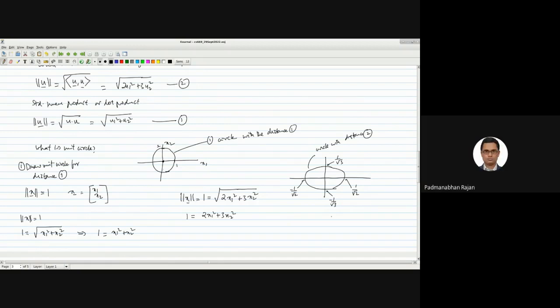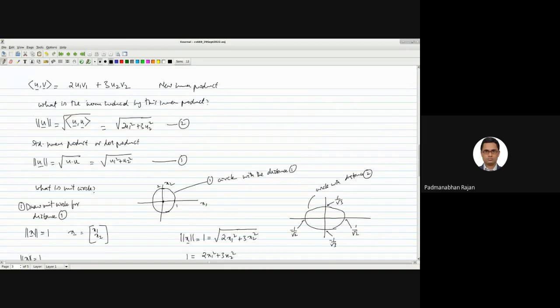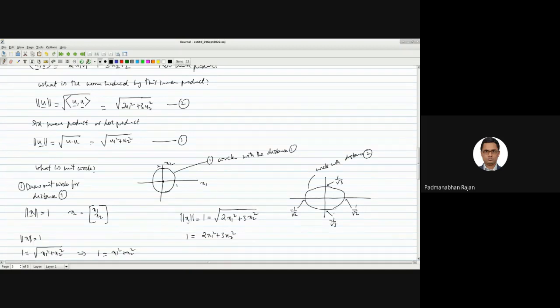If I use this distance which is induced by this inner product, then my unit circle looks like this, because in terms of this distance each of these points is at the same distance from the origin.